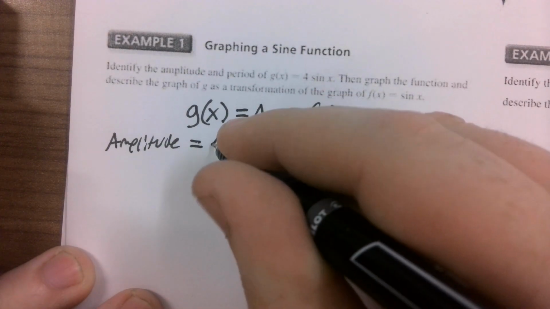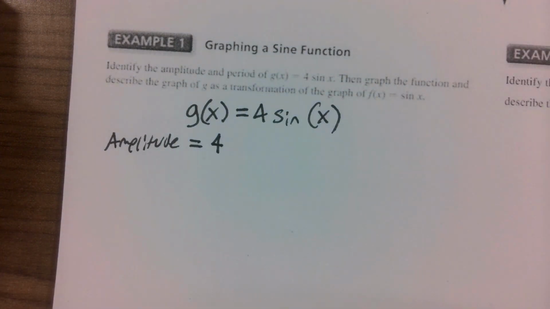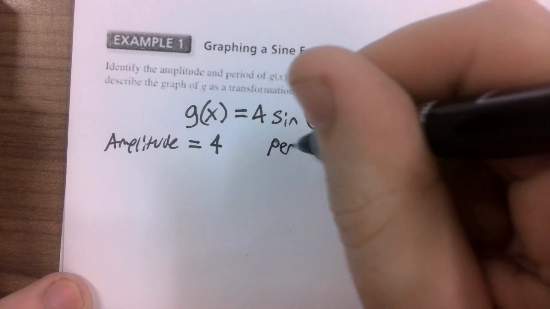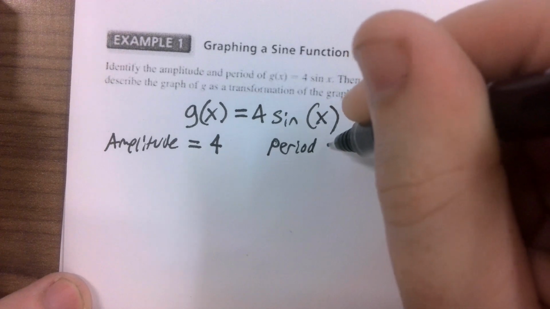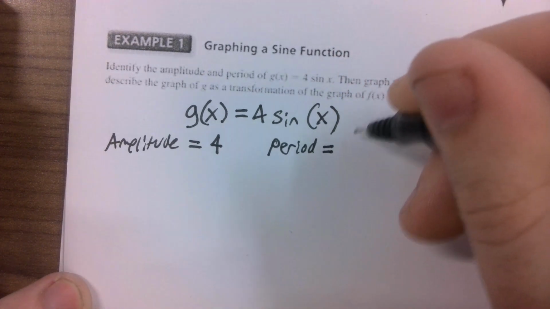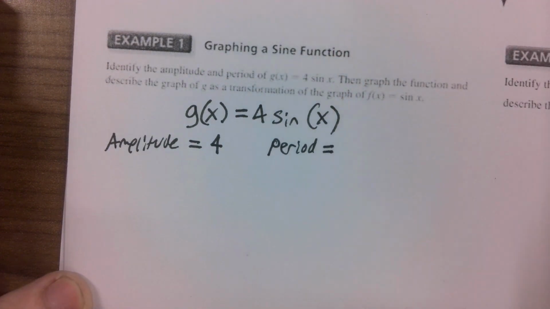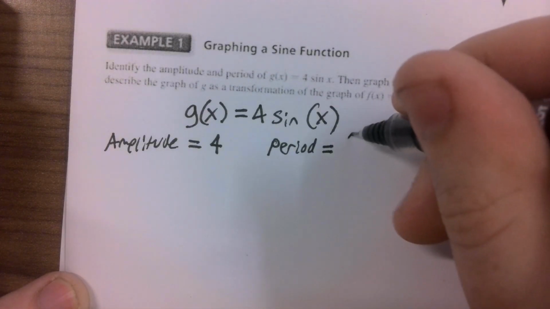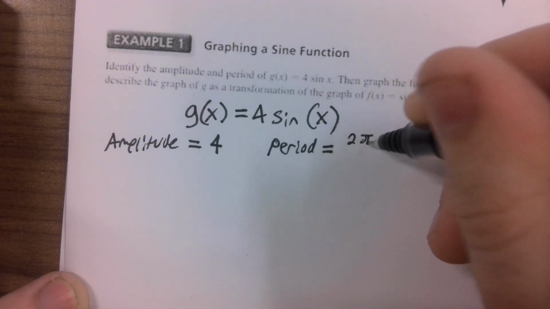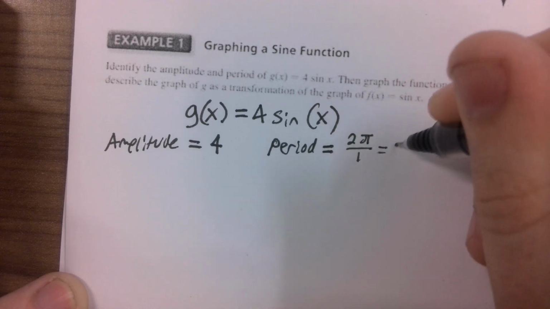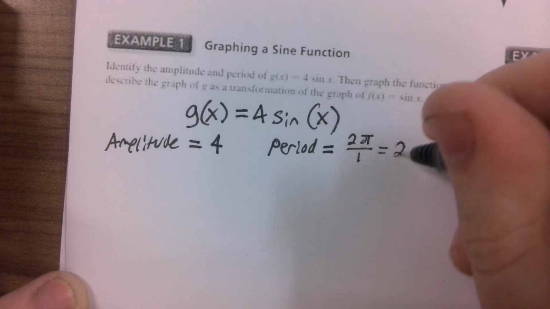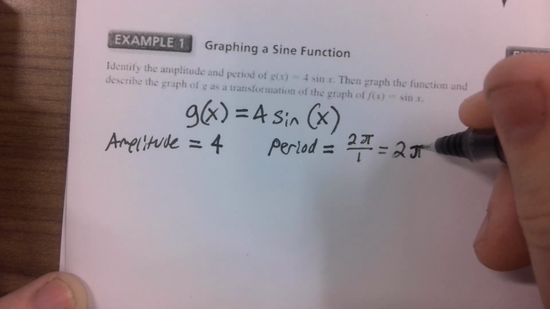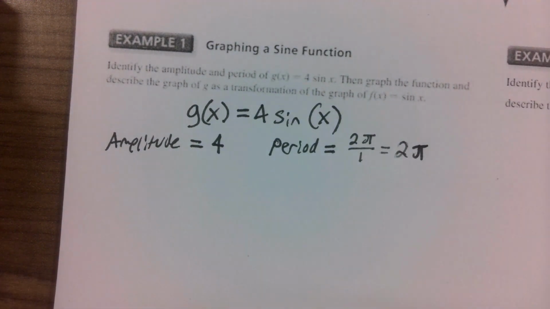So this graph is going to have peaks that are 4 away from the middle. Cool. The period is equal to 2 pi divided by our b value. Well, there's no number in front of the x, so we would say our period is 2 pi over 1, which is just 2 pi. Cool, our graph is going to be exactly as wide as the parent function. It's just going to be 4 times taller because of that a value.